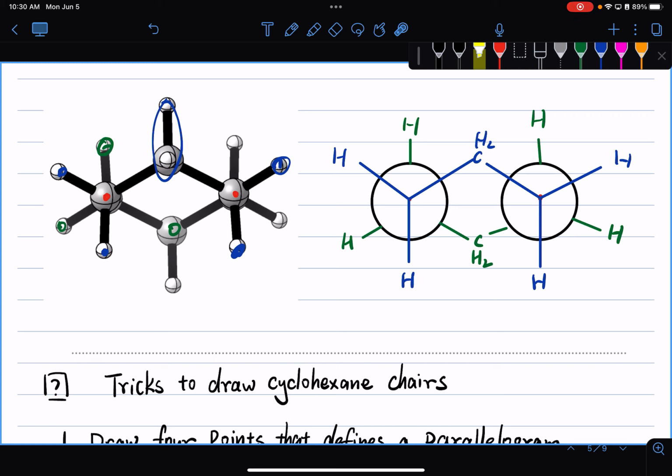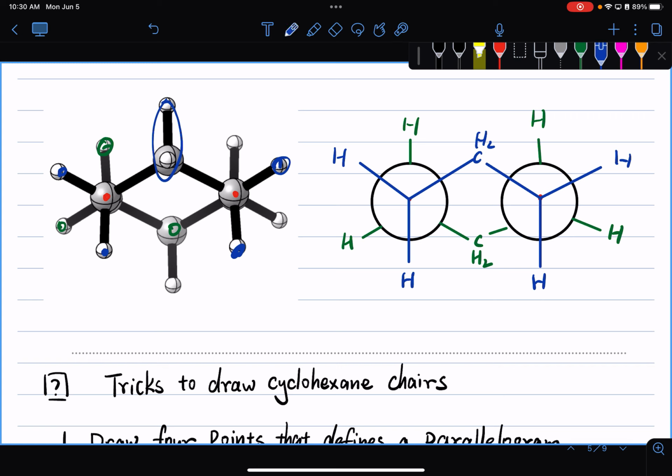We took a chair conformation, we looked at its front view, we measured the bond angle, and we found that in cyclohexane, the bond angle is very close to 109.5 degrees, and thus it does not experience any angle strain. All right, so no angle strain because the bond angle in the chair conformation is very close to 109.5.